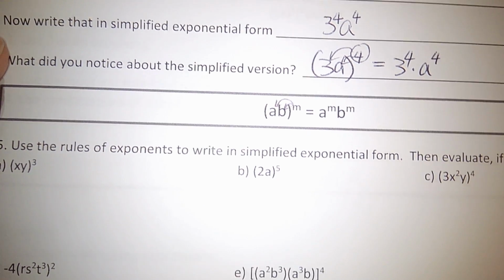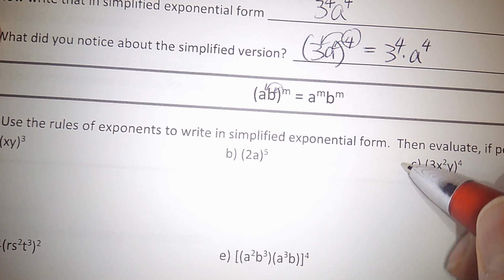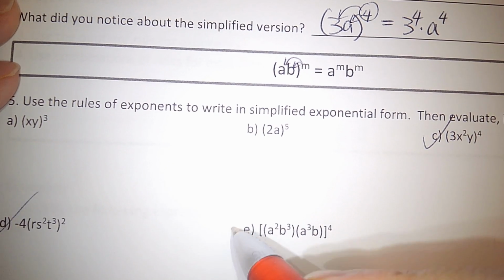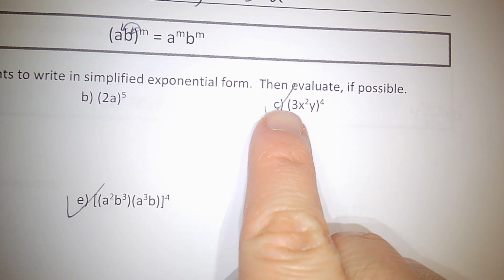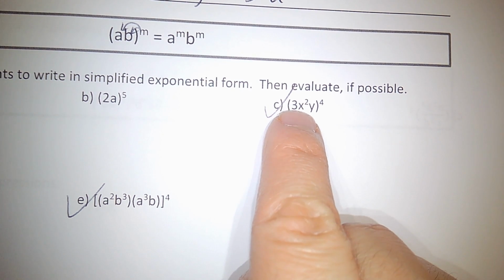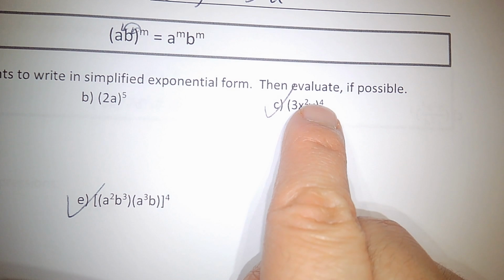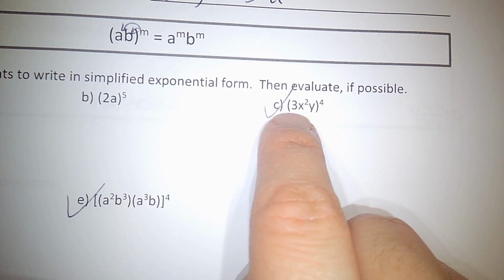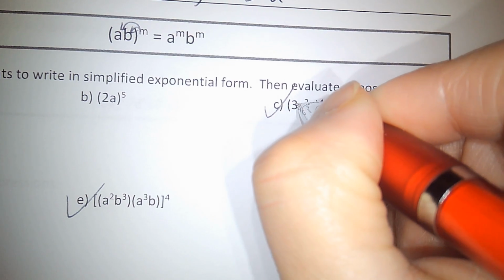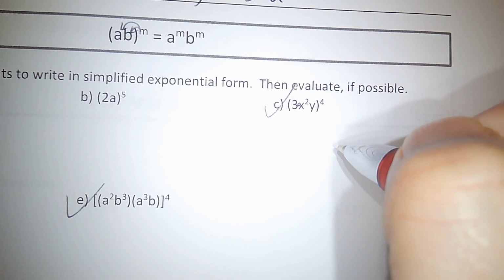Alright, now let's practice, okay? Let's try questions C, D, and E. Okay, so let's try question C, please. 3 times x squared times y, to the 4th power. How many factors are inside of the parentheses? We have a number, right?